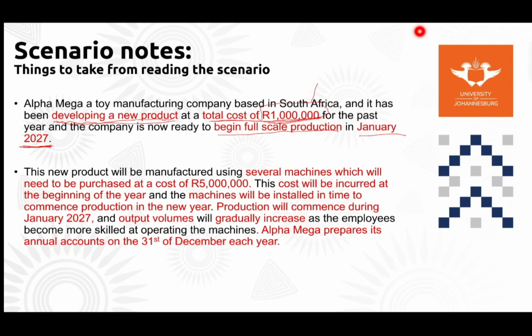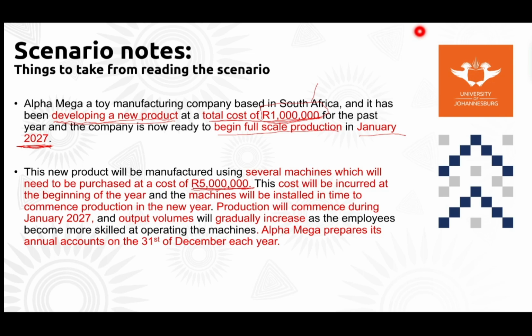Then new products will be manufactured using several machines, which will need to be purchased at a cost of 5 million. Okay, so now everything here is speaking towards our project that is starting in 2027, right? This cost will be incurred at the beginning of the year, and the machines will be installed in time to commence production in the new year.